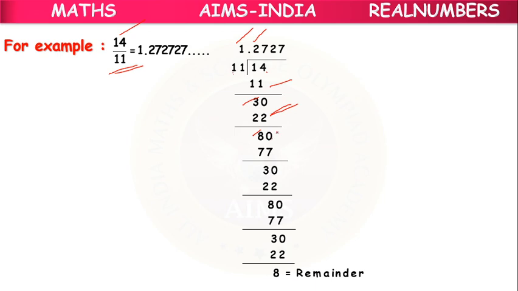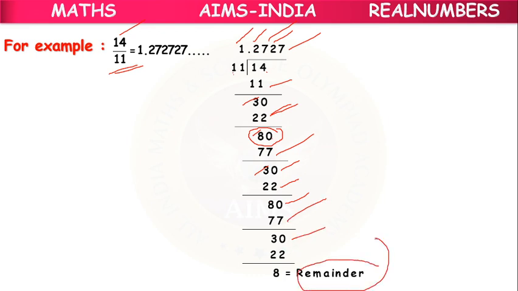We can take 0, 80 is coming. 11 7 times 77, 3 is remaining. We can take 0, 30. 11 2 times 22, again 8 is remaining, 80. 11 7 times 77, again 3. Like that, these decimal digits are repeating.